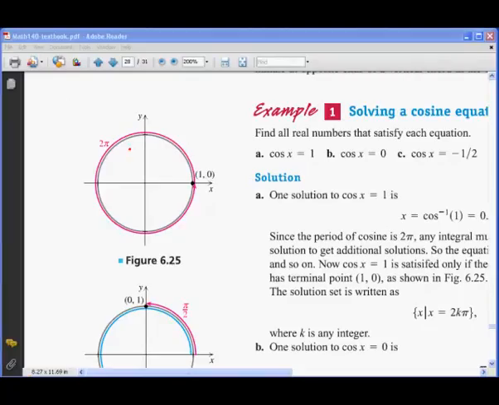Now let me sketch this angle in this unit circle. So 5 pi over 6, it's here.